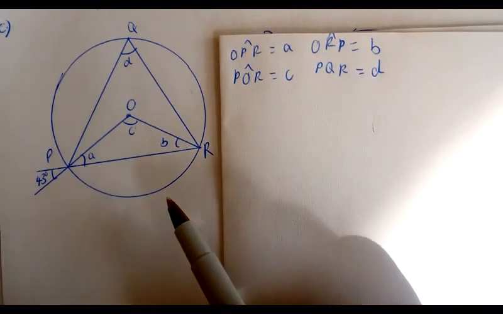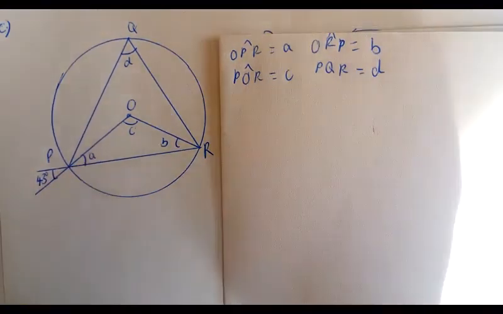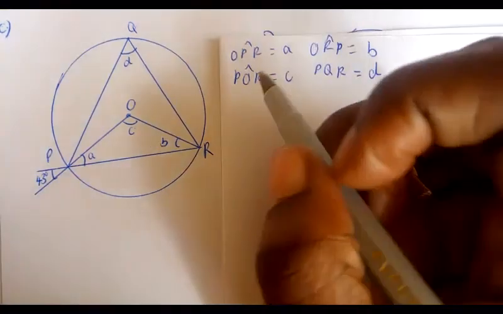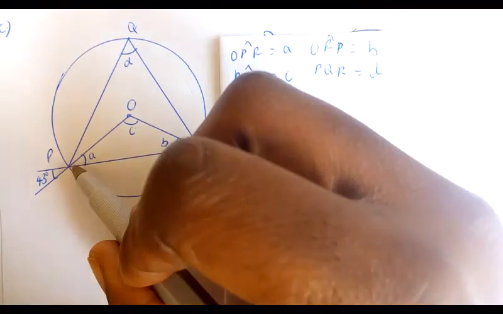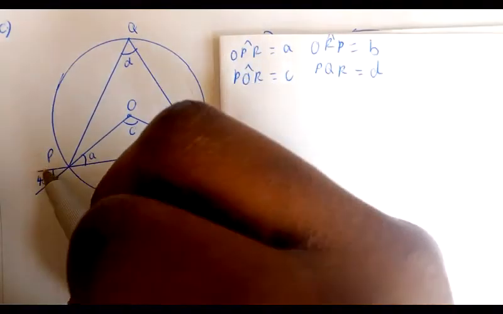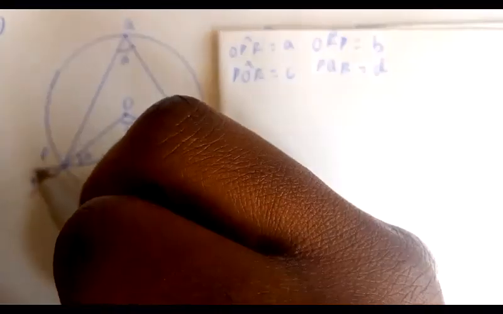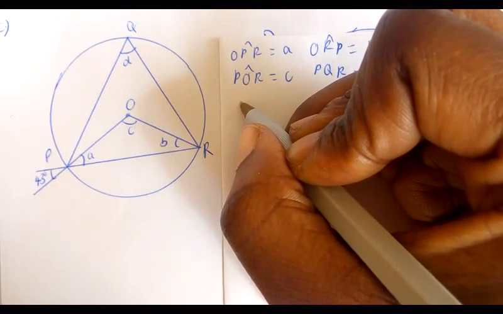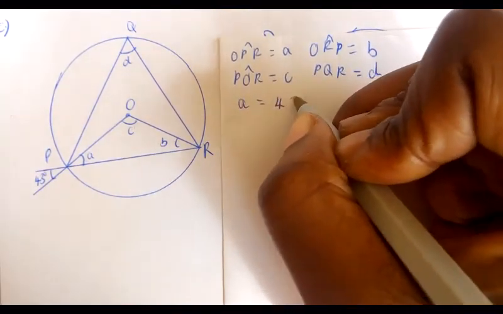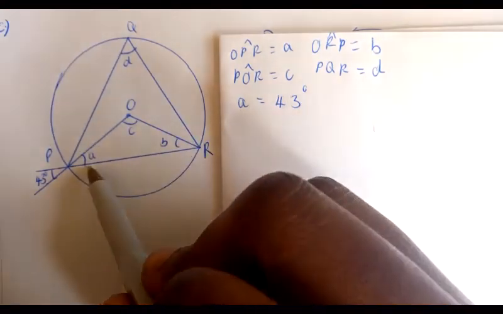So we can see that this angle, 43 degrees, is equal to angle A, because the two angles are vertical. They are vertical angles. This being a straight line and this being a straight line. Opposite angles, when they are straight lines like this, are vertical. So angle A is equal to 43 degrees. Also, looking at this, it is a triangle.